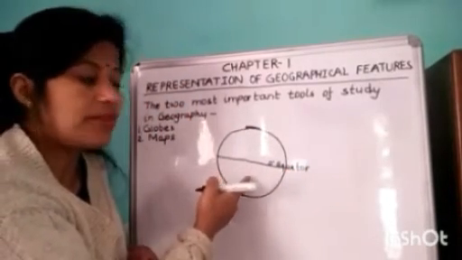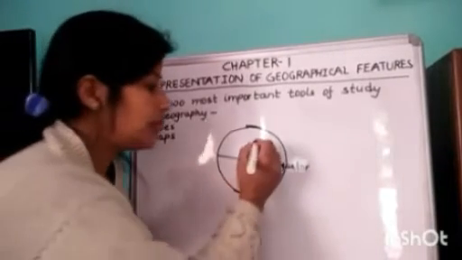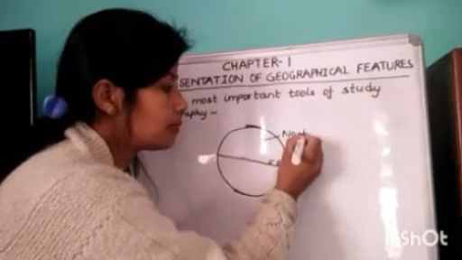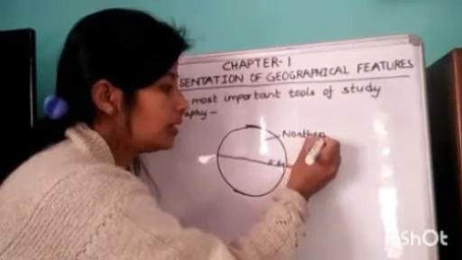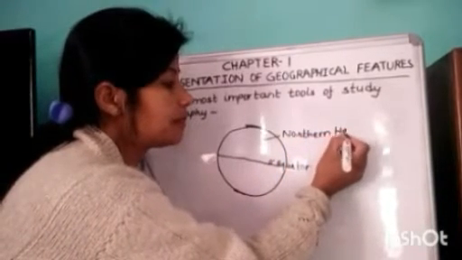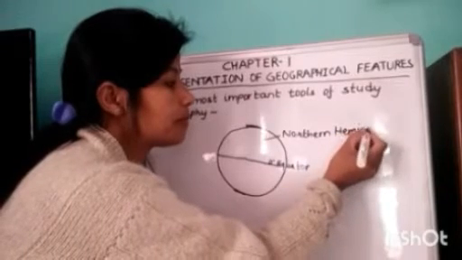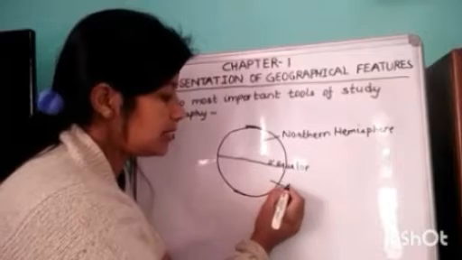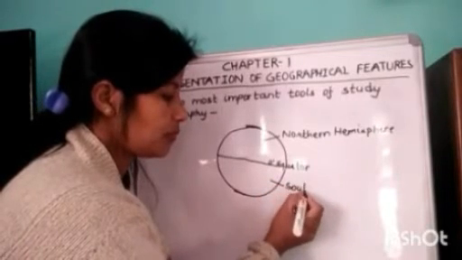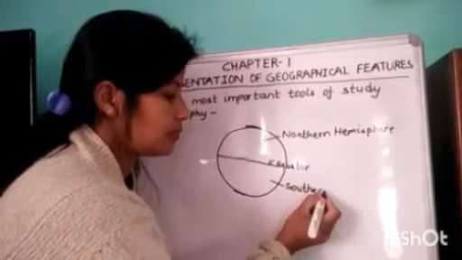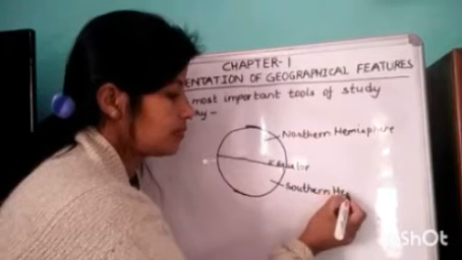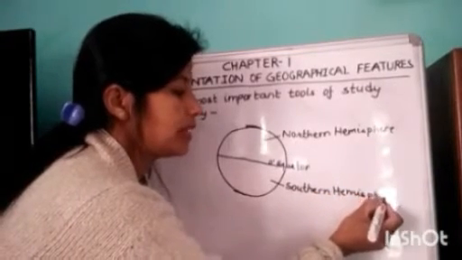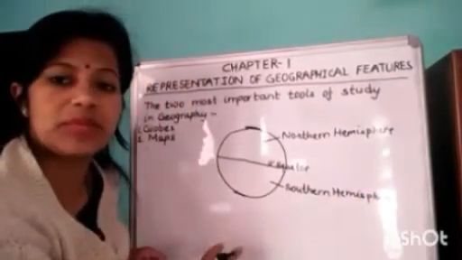And equator divides the earth into two hemispheres, northern hemisphere and southern hemisphere.